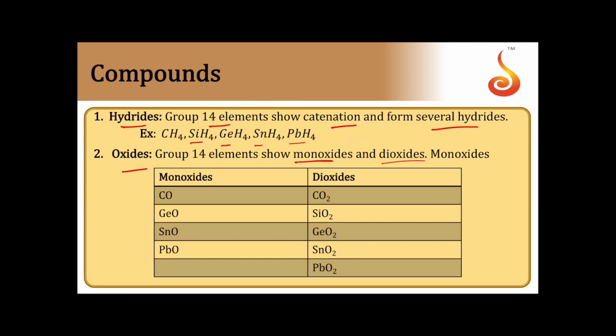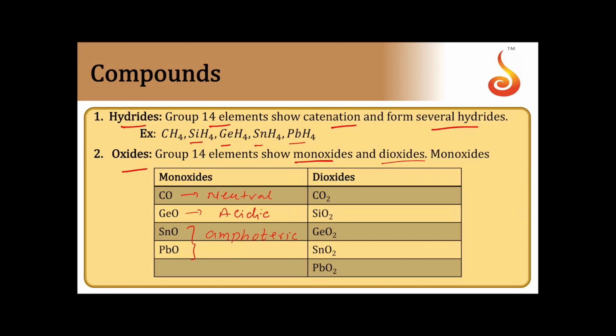When it comes to the properties of these compounds, CO is neutral in nature. GeO we can say is distinctly acidic in nature. The remaining two molecules are amphoteric in nature.